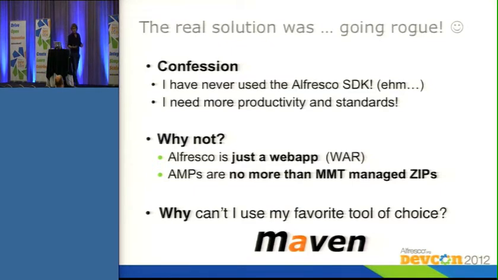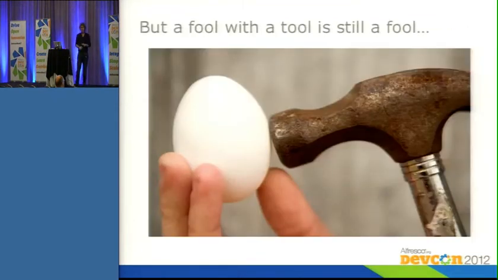I've always tried to take the standard bits of Alfresco, like jars, wars, and even amps, and manage them with my tool of choice, which is, in this case, Maven. Before we move on, though, I just want to make sure that this is not a tool battle. As I said, I have a preference for a tool, but a fool with a tool is still a fool.